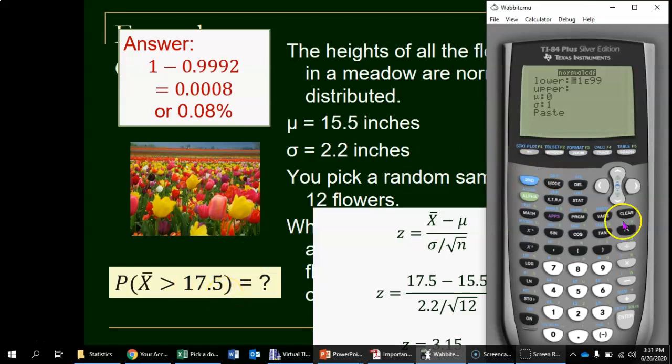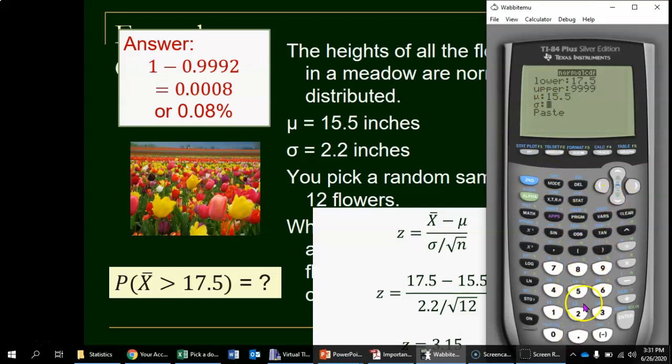Greater than 17.5 means starting at 17.5 and going on up to infinity. So my lower limit is 17.5, and my upper limit, I'm just going to put in something really big like 9999. For mu, I'm putting in 15.5.